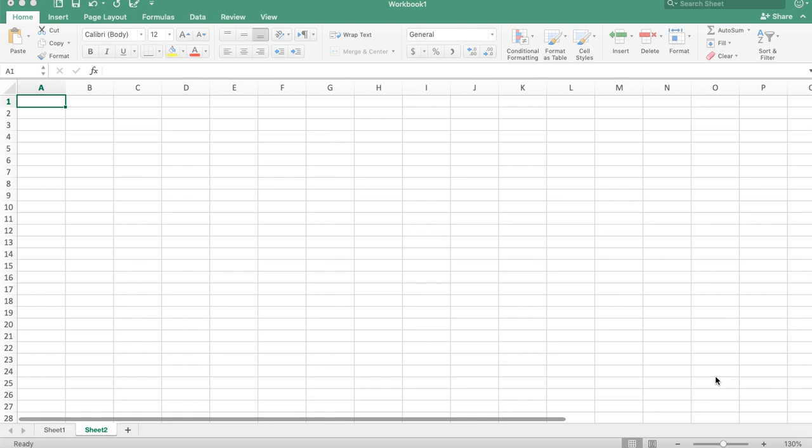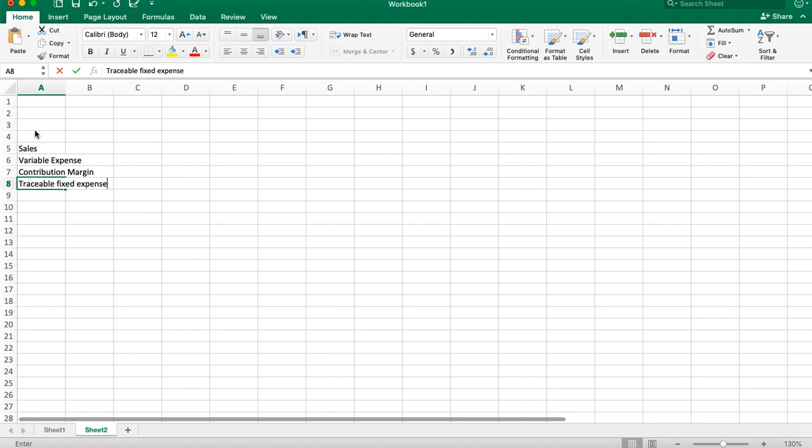And so I'm going to start out with my, if I can get my computer to wake up. There we go. Sales. I've got my variable expenses. I've got my contribution margin, which is simply my sales minus my variable cost. My traceable fixed expenses, in other words, traceable to the segmentation that I'm working on.